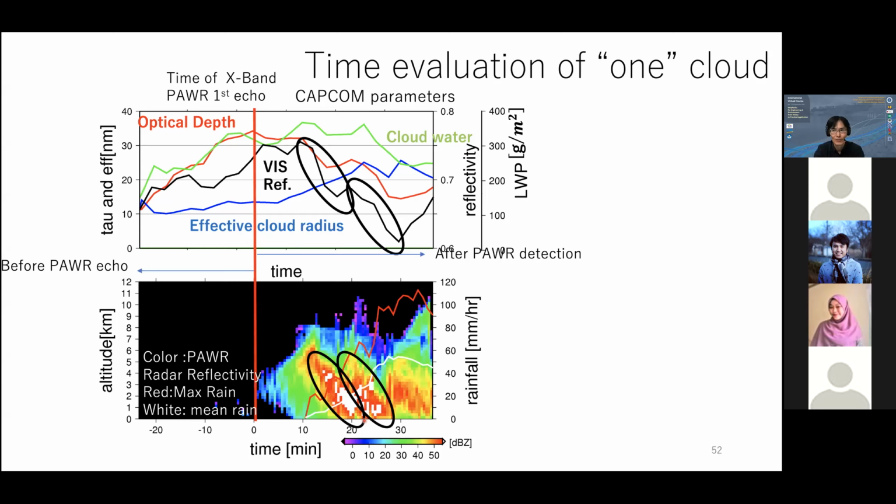And this is interestingly synchronized with the decrease of the visible wavelength reflectance. So here is the falling life stage, also synchronized. The visible wavelength reflectance is rapidly shrinking, decreasing. This corresponds to the falling down.